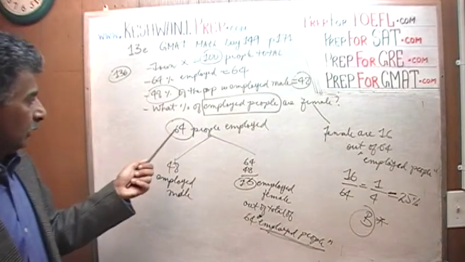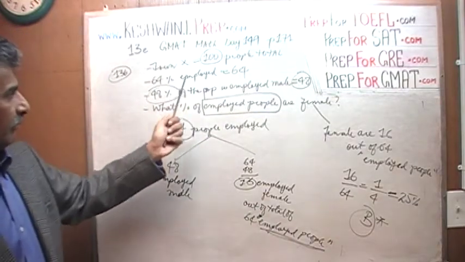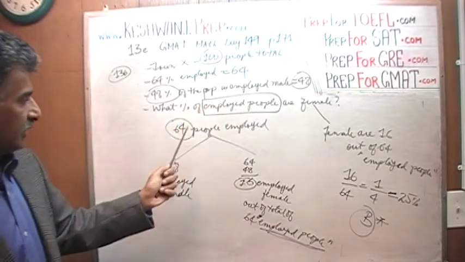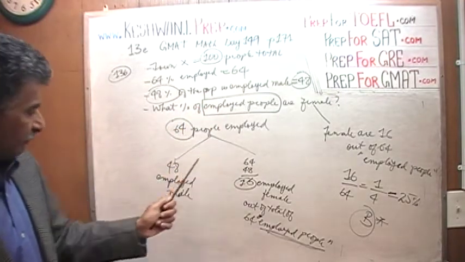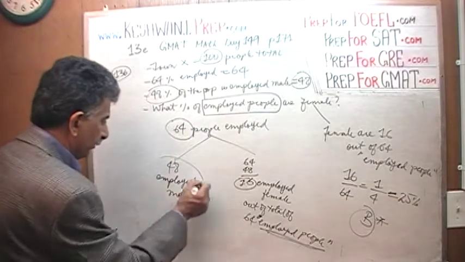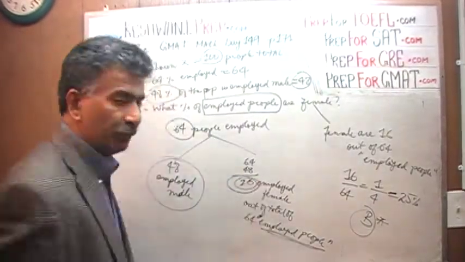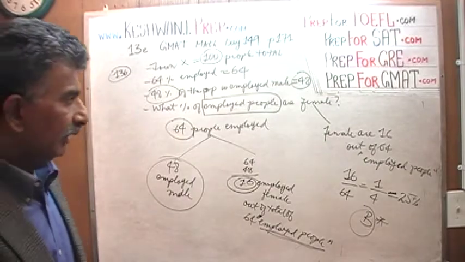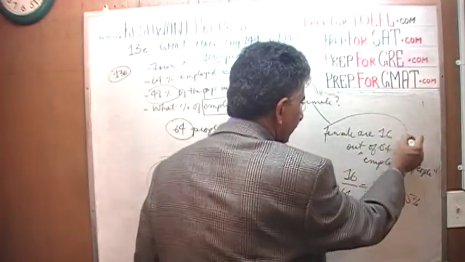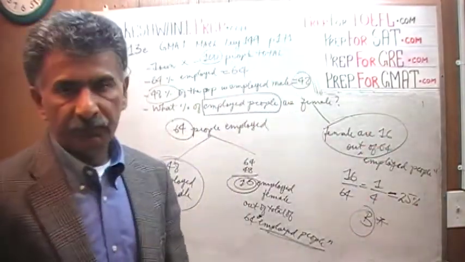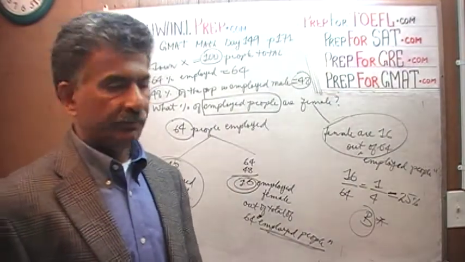Of the 64 employed people, 48 are employed male, which means there must be 16 employed female out of 64. 16 out of 64 is 25%.